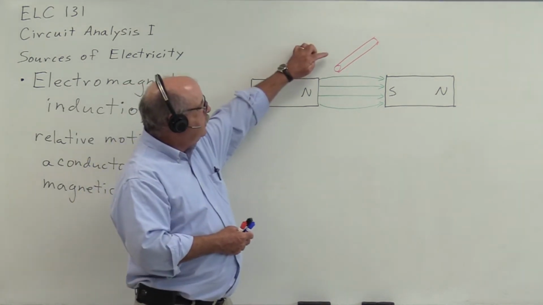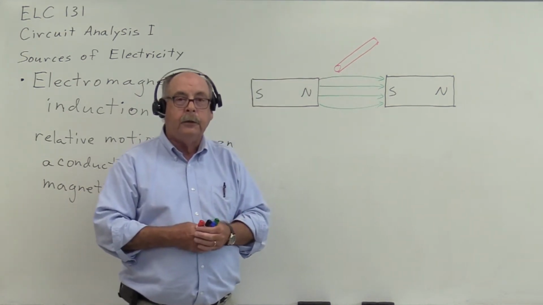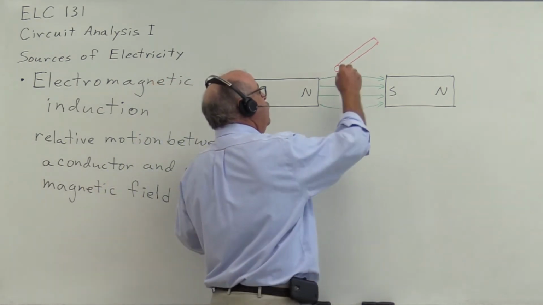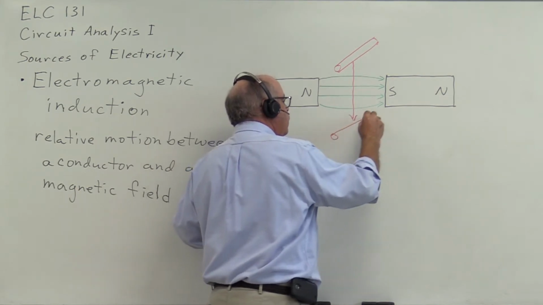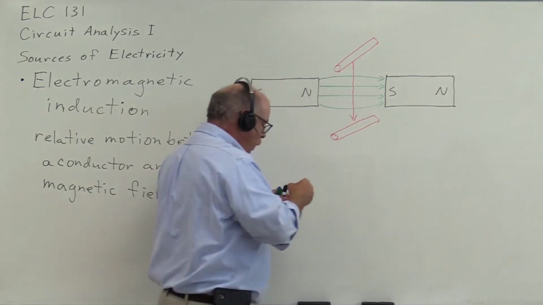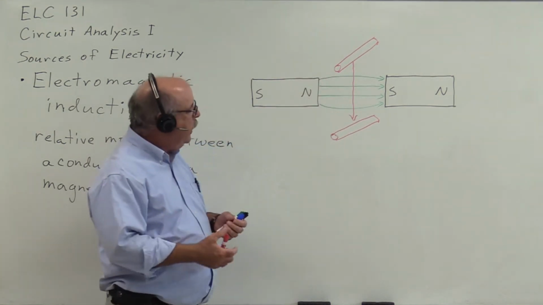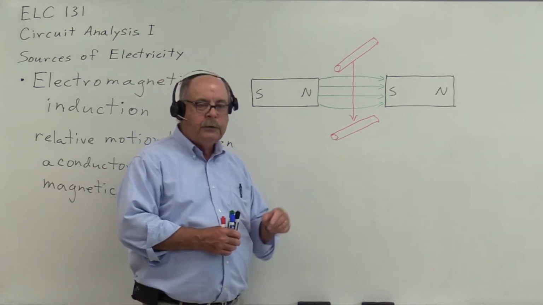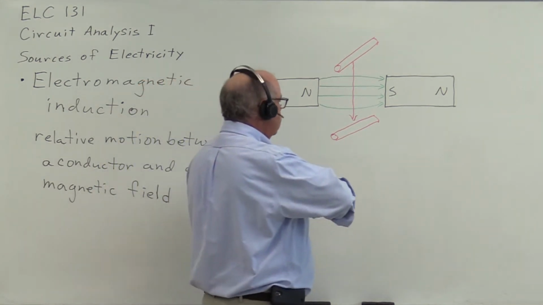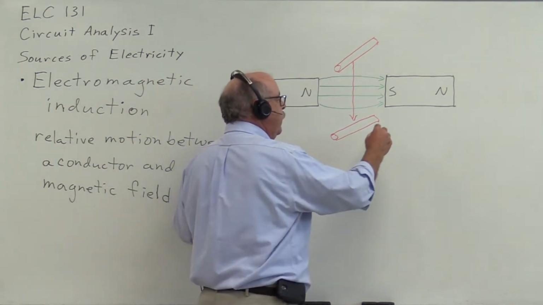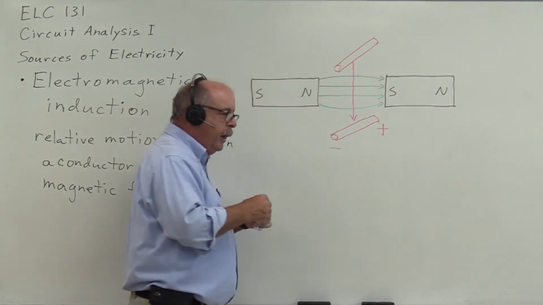And above these lines of force, we have a piece of wire or a conductor. Now, if I move this conductor down through the flux, that motion of the conductor moving through the flux will generate a voltage in this conductor. And this will actually generate a voltage that will be positive to negative.